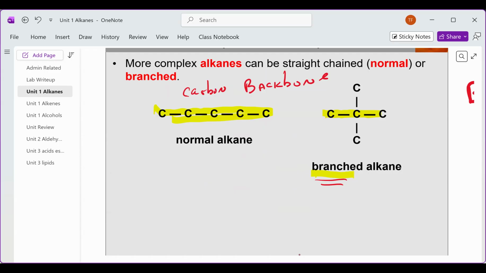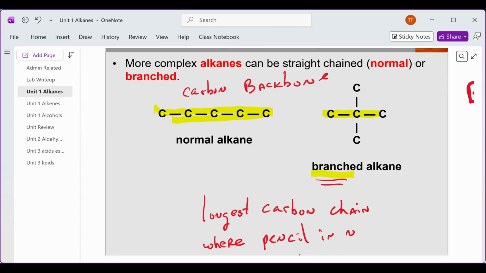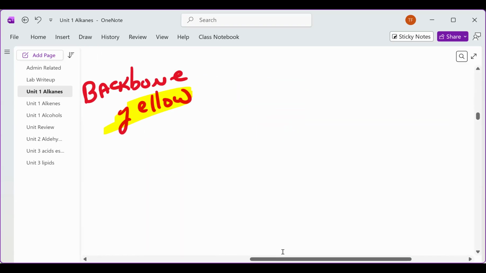So the backbone is the longest carbon chain where pencil is not raised.